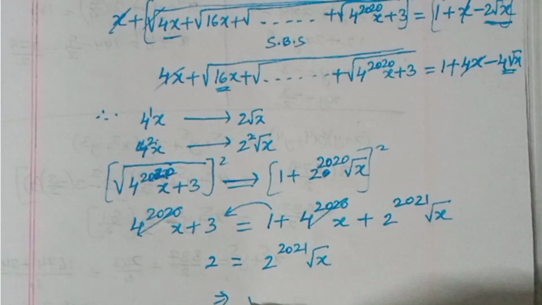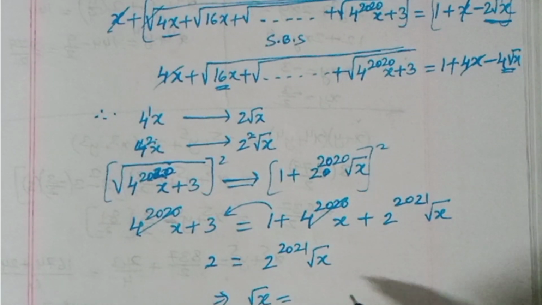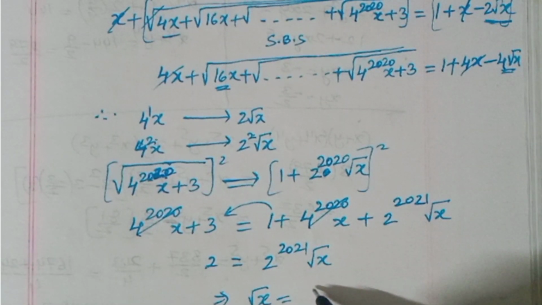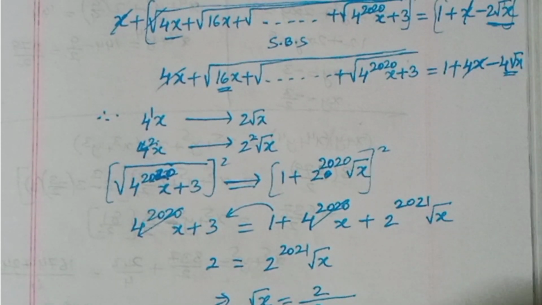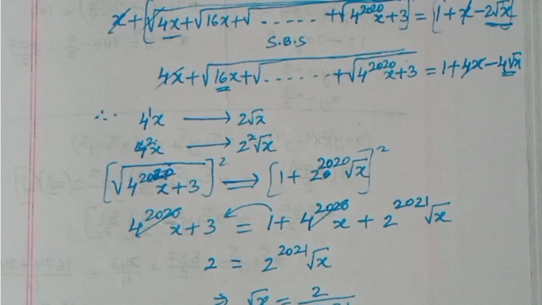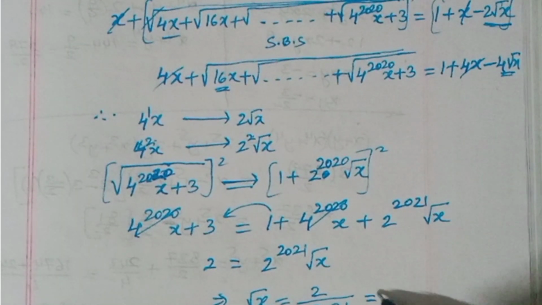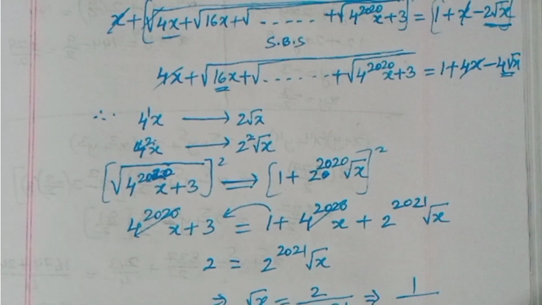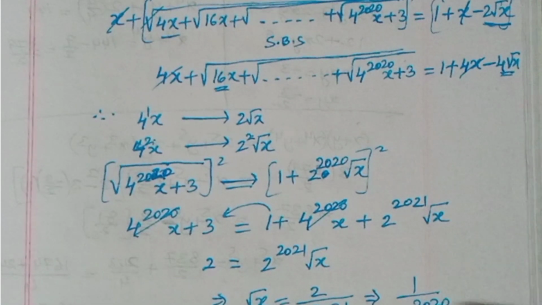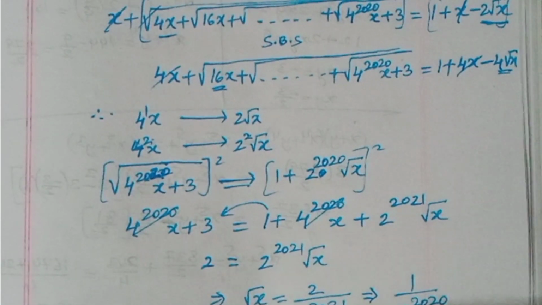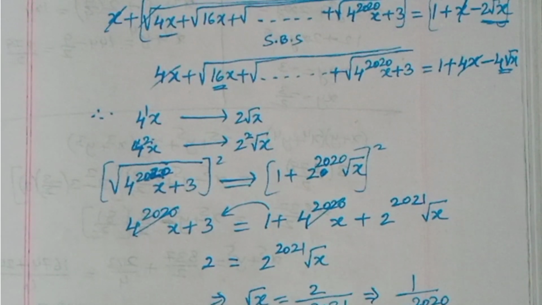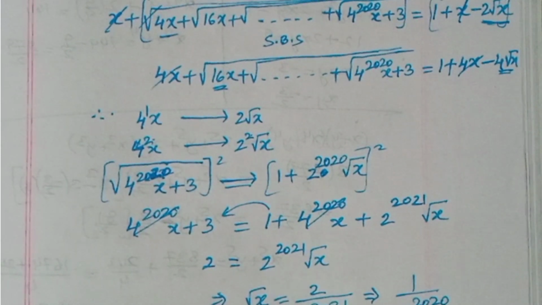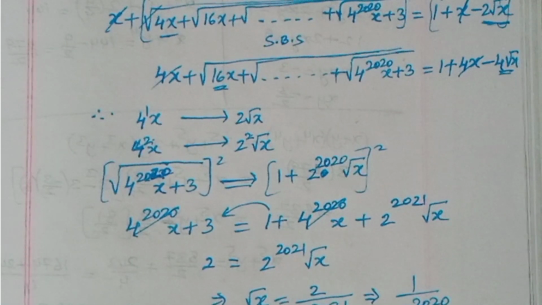From this, root x is equal to 2 by 2 to the power of 2021. So this can be written as 1 by 2 to the power of 2020. Now again squaring on both sides, x is equal to 1 by 2 to the power of 2020 whole square.